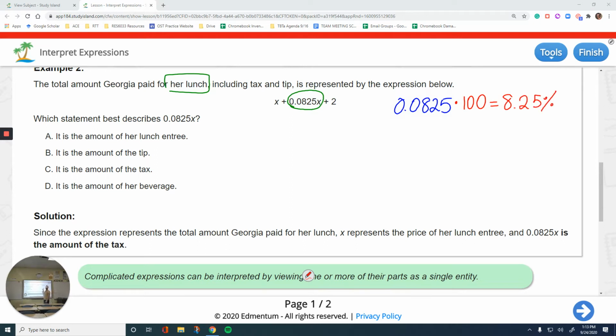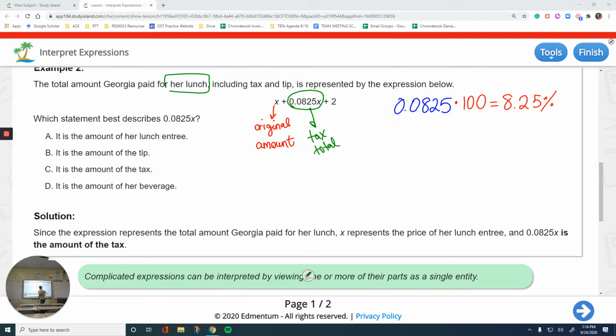That's definitely the tax amount. Multiply the original amount, which is the x, it could be any number of dollars, by 8.25%, and then you get your tax.